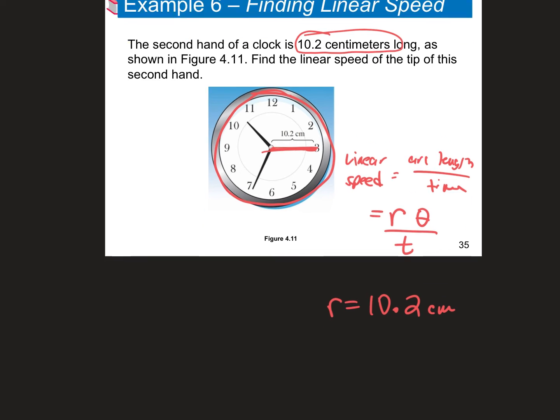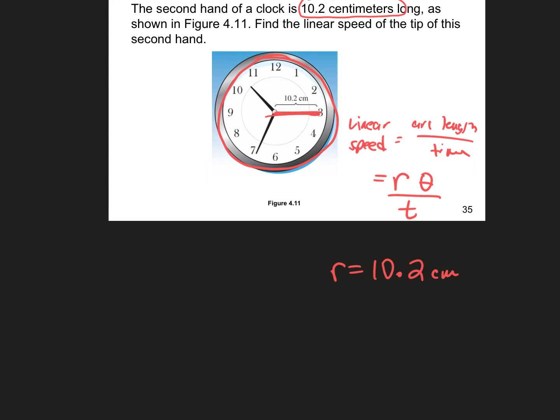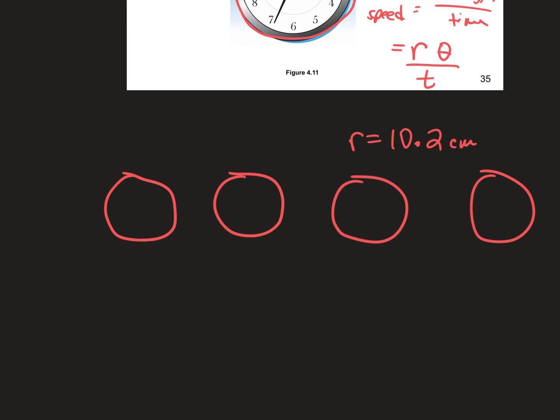So let's think about this for a second. I'm going to draw 4 circles. We're going to talk about circles, just what we know. How many radians are in one whole circle, all the way around? It's 360 degrees, but what's the radian, in terms of pi? 2 pi, okay?